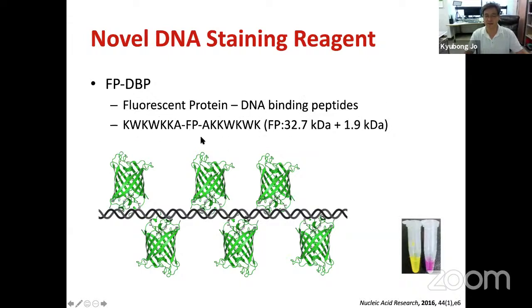This is a very simple peptide based on KWK. We made two colors: one is green, that's EGFP, and another one is mCherry, that's a red color. The DNA molecule is stained using this simple protein.